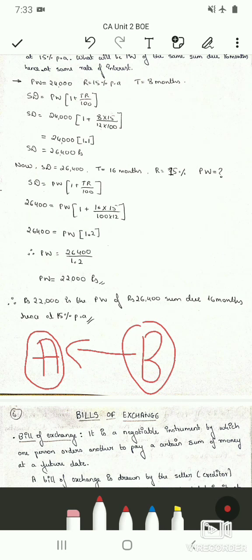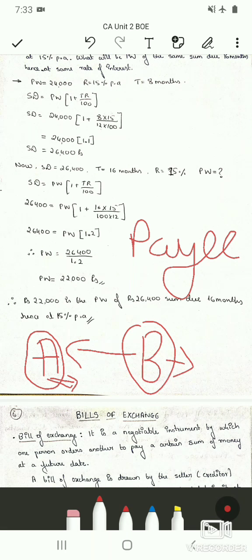In this concept there are mainly three terms. One is the seller, who is known as creditor or drawer. One who draws the bill is called the drawer, and B, the buyer, is called the drawee. So A is the drawer, B is the drawee, and sometimes there is another extra word, that is payee. What is this payee?